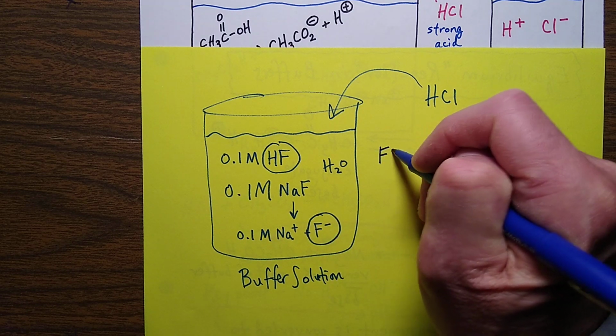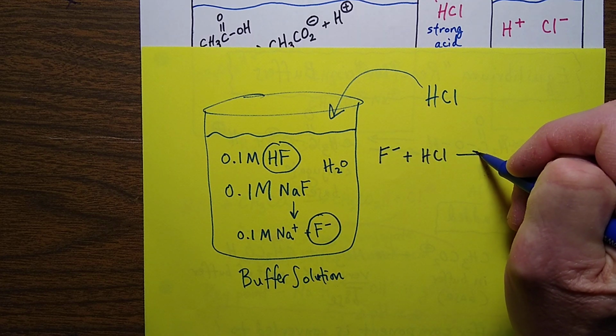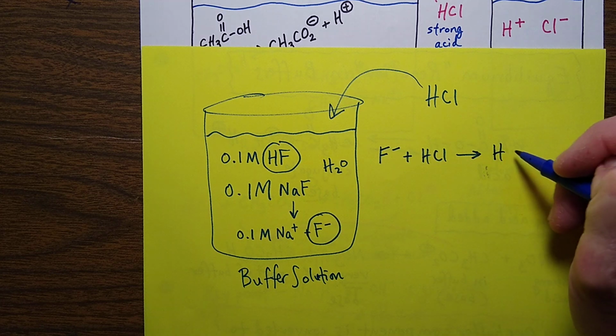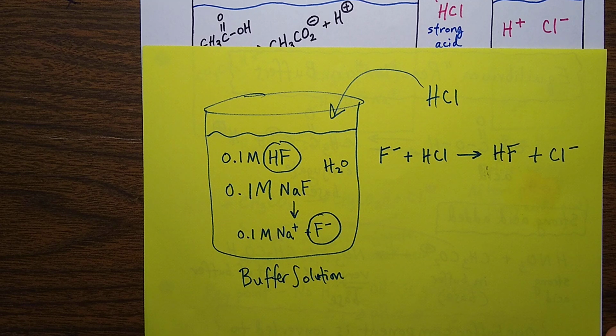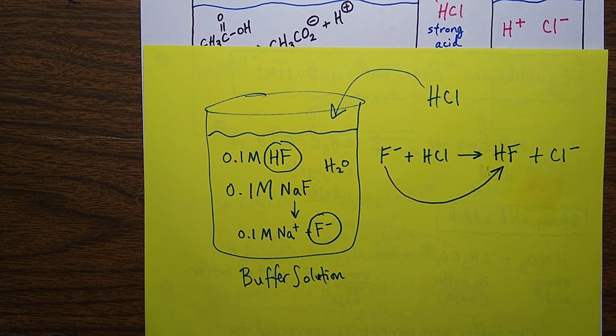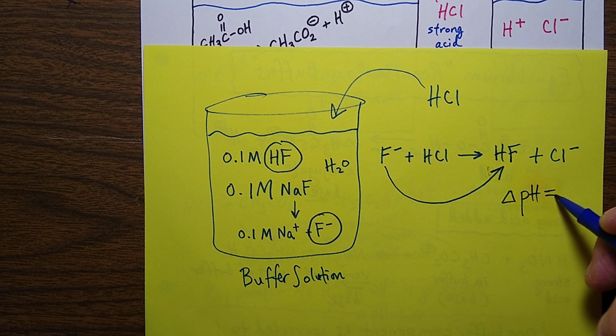Fluoride ion will neutralize or react with HCl in this reaction. It's a complete reaction left to right, and you just make hydrofluoric acid and you get the conjugate base of the hydrochloric acid. So all you're doing is converting one part of the buffer into another. So the change in pH is essentially 0.